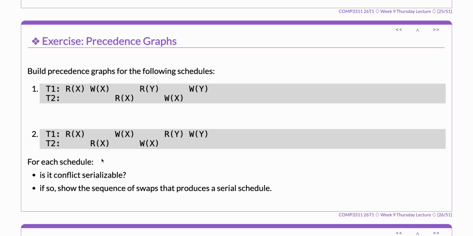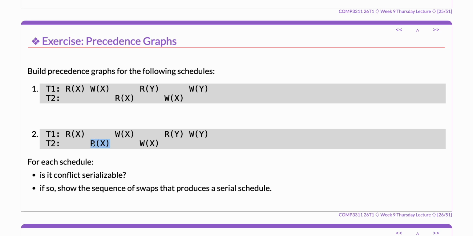In order for us to have an edge from T2 to T1, we need to have two conflicting operations, and the first one is in T2 and the second one is in T1. If you look at the read operation in T2, it is in conflict with the write operation on X in T1 because one of them is writing, they're operating on the same data item, and they're from different transactions.